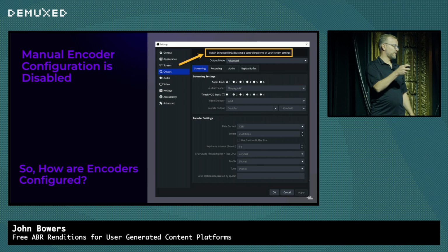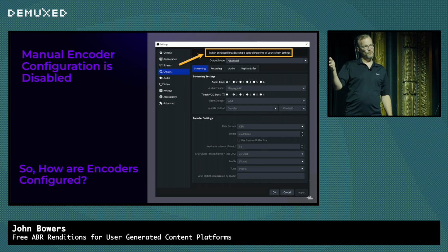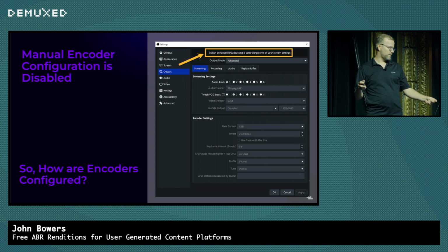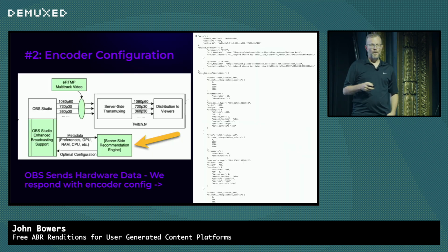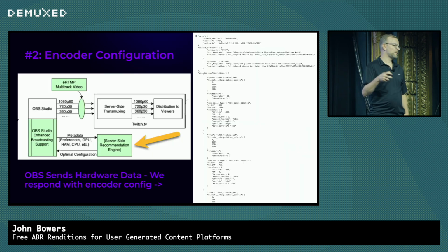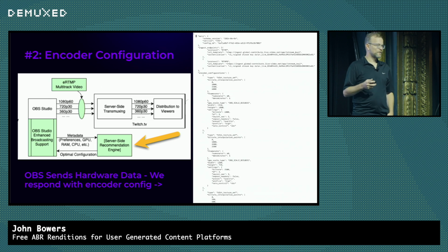But there's actually even less to configure now. Manual encoder configuration's disabled. You'll come over here, and where you would normally configure your encoder, you'll see it just says Twitch Enhanced Broadcasting is controlling some of your settings. Well, clearly, encoders still have to get configured. But we felt the complexity of configuring, say, 5 different encodes would be a barrier to adoption.